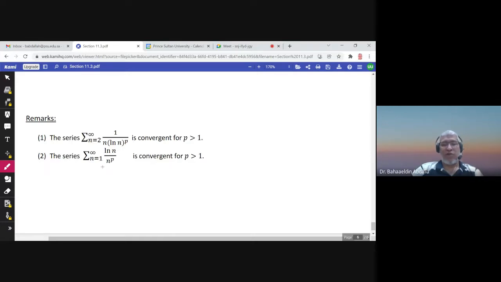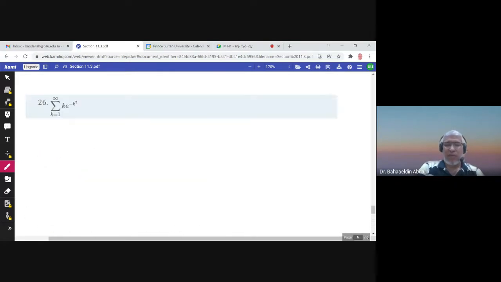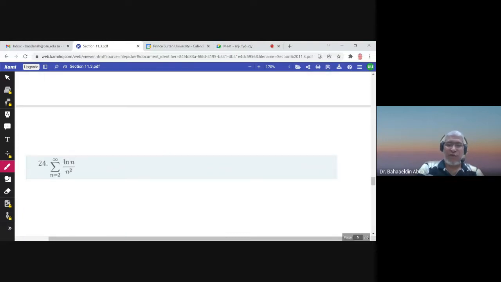Their convergence is usually proven using the integral test. So if the question contains one of these series, you should immediately try to use the integral test, not other tests. But for other questions, you may use some other tests.